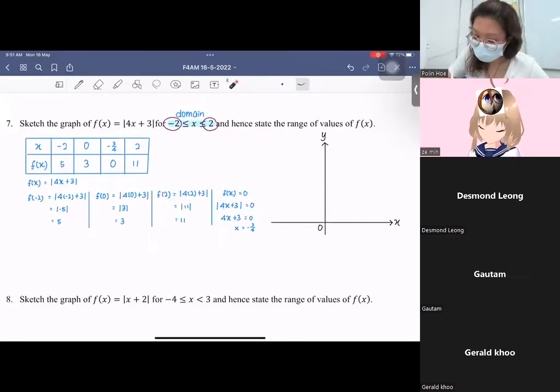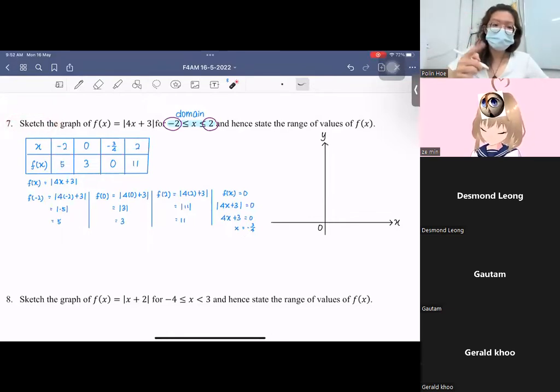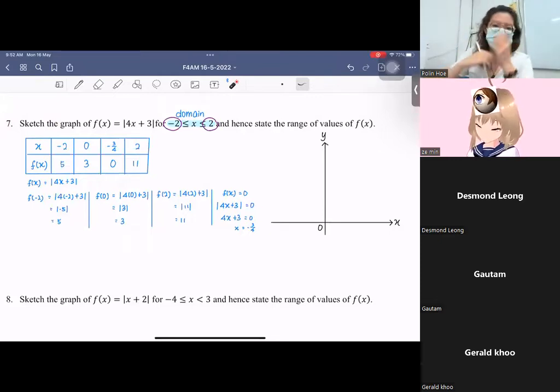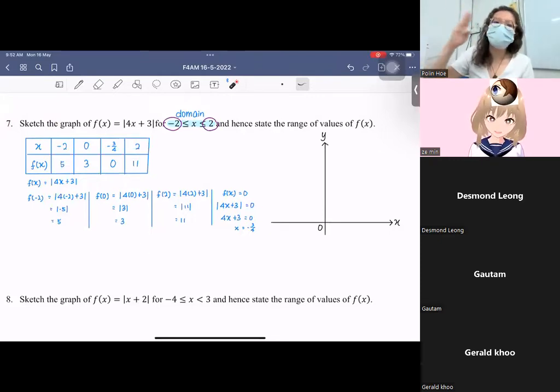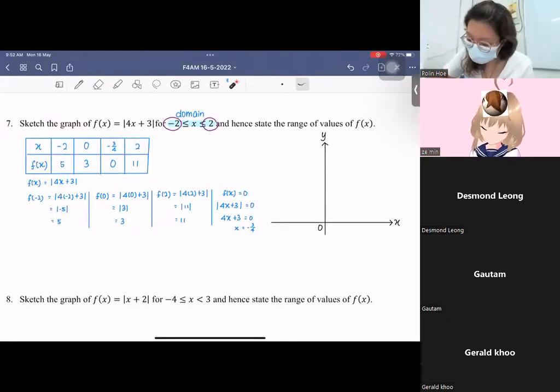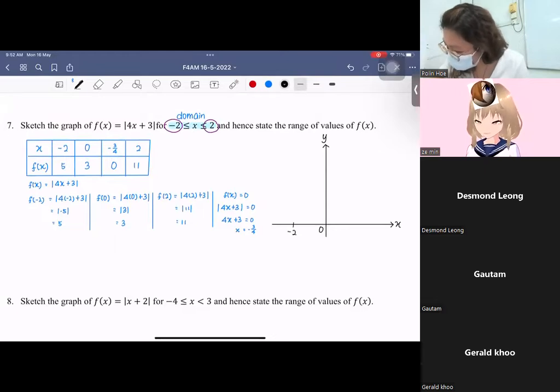I use the word sketch. Sketch means as long as it is logical, then it's okay. But if the question asks you to draw, then you need to draw it on graph paper, by scale.